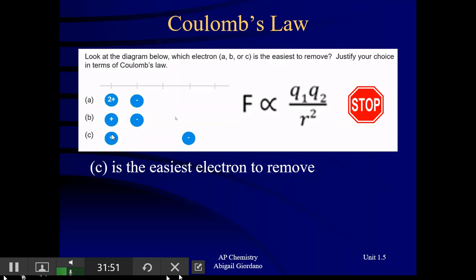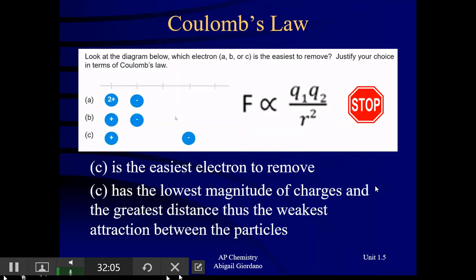It's +1 in both of them, and it's -1 in both of them. But the distance is the difference. Remember, the greater the distance, the weaker the attraction will be. So here's what I said. I said C has the lowest magnitude of charges and the greatest distance, thus the weakest attraction between the particles.